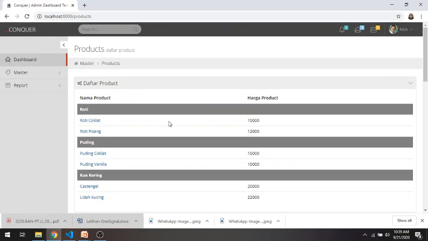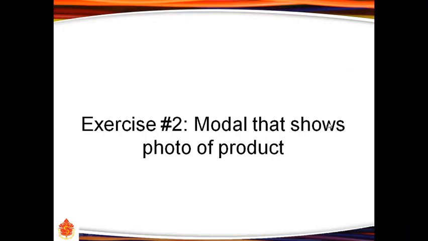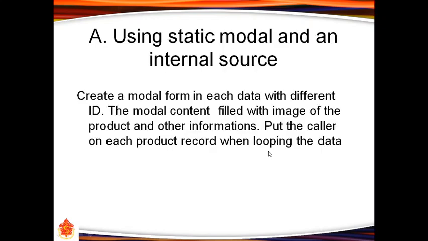Maybe we will put some button here for showing the picture. There are two ways for showing a picture of the product. First, we will use a static modal with internal source.